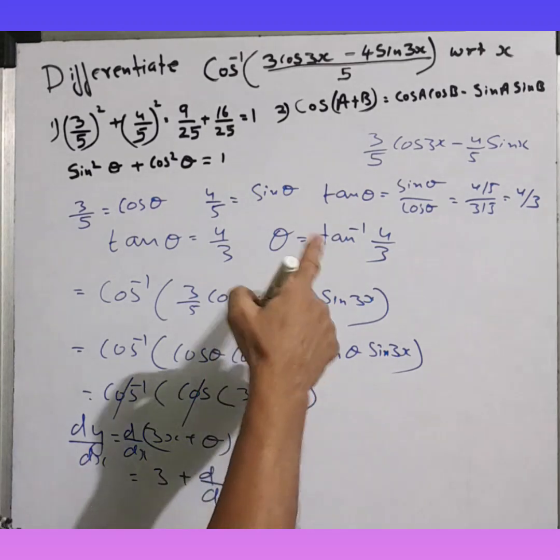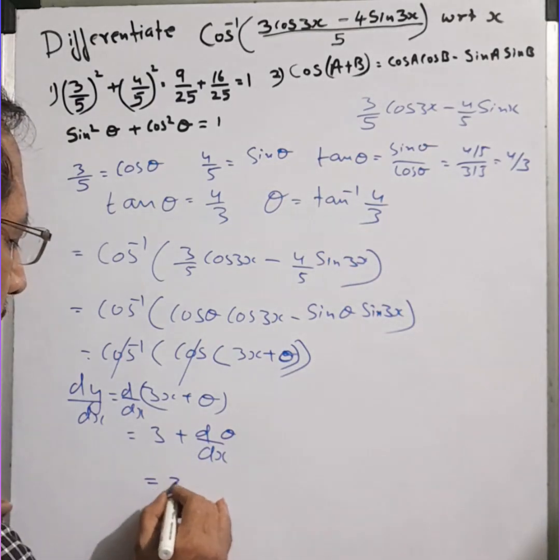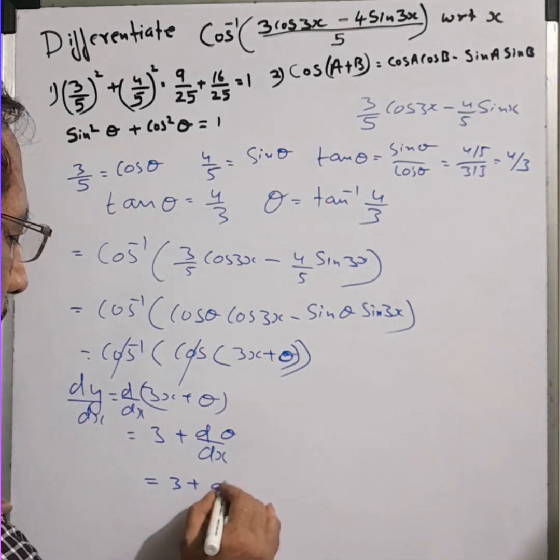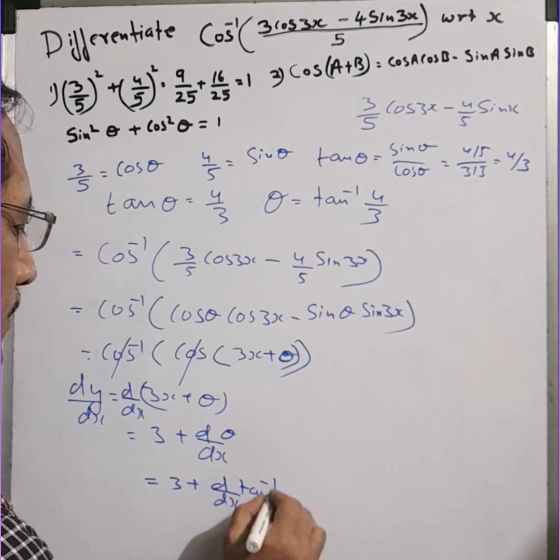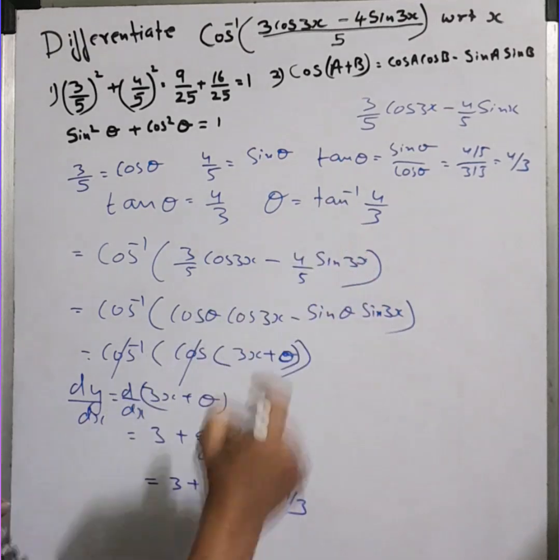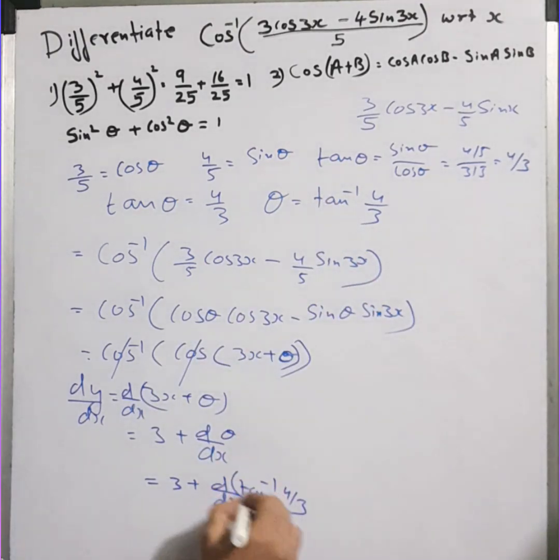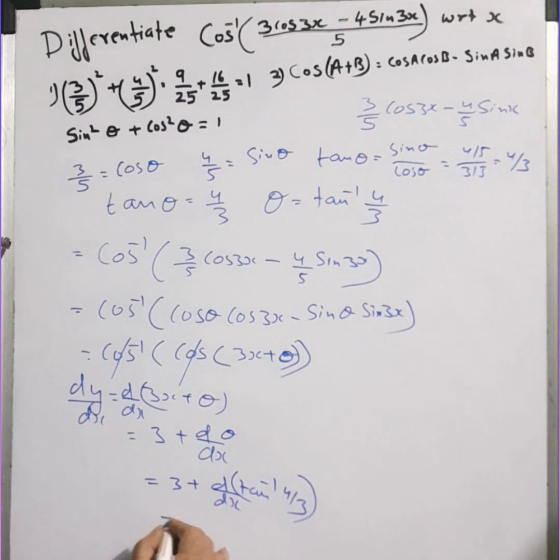Theta is tan inverse 4 by 3, and we know that this is a constant, so this would get value of 0. So dy by dx is equal to 3 is our answer.